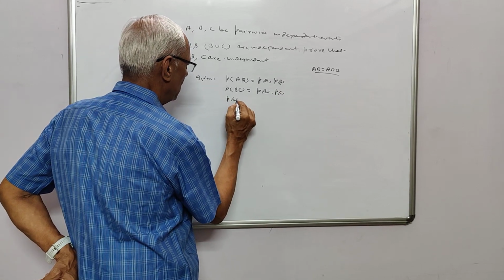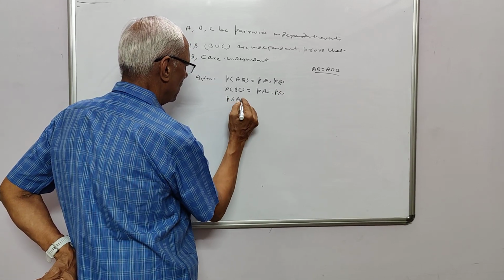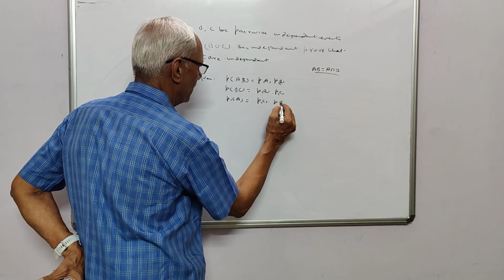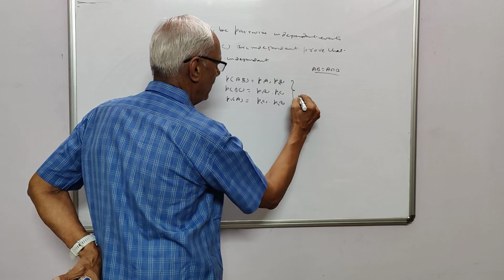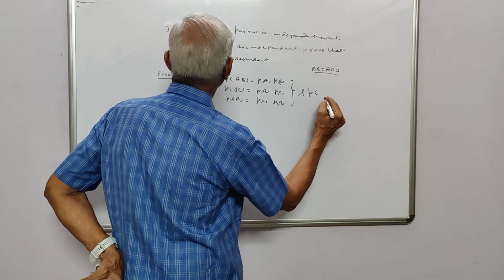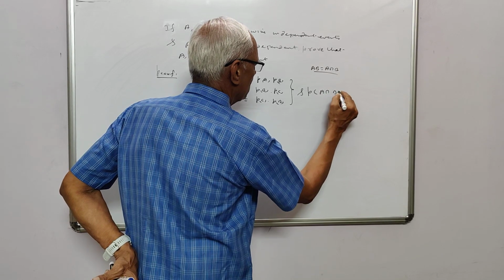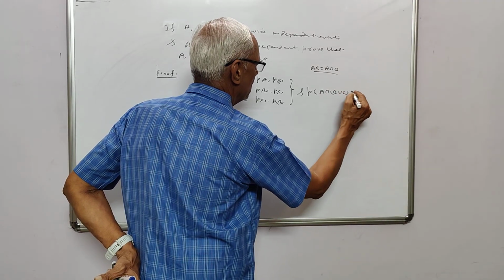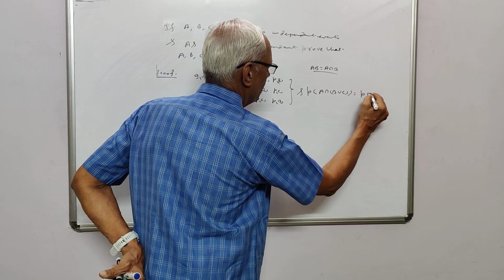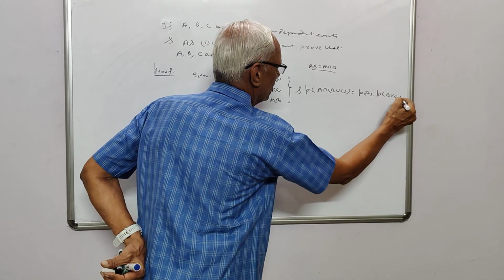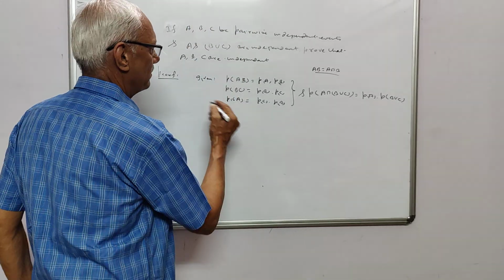P of CA is equal to P of C into P of A, and P of A intersection B union C is equal to P of A into P of B union C. So these are given.